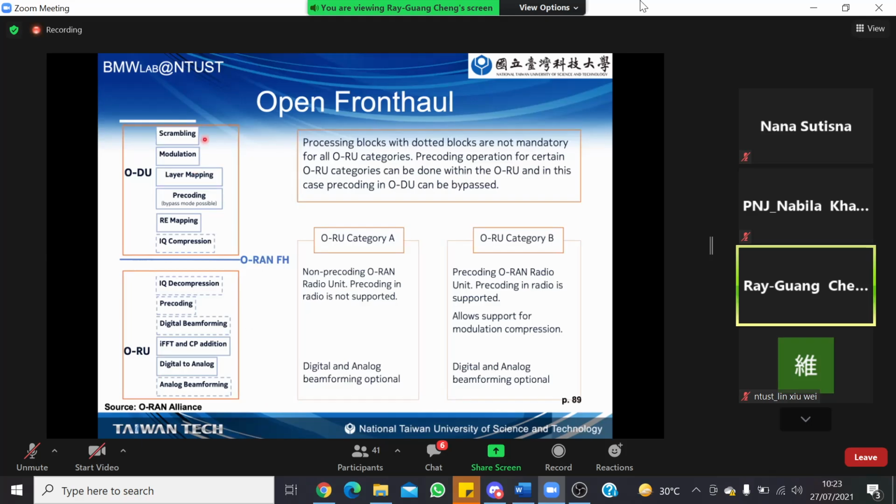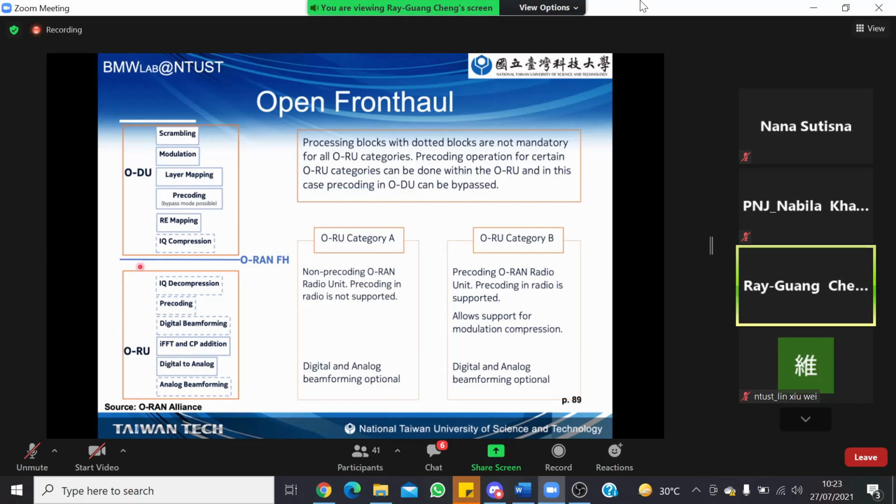So this figure is the same as the previous one we showed you: scrambling, modulation, layer mapping, pre-coding, then RE mapping. After RE mapping, you will transmit the IQ signal. This is the IQ signal in frequency domain because it is before IFFT.